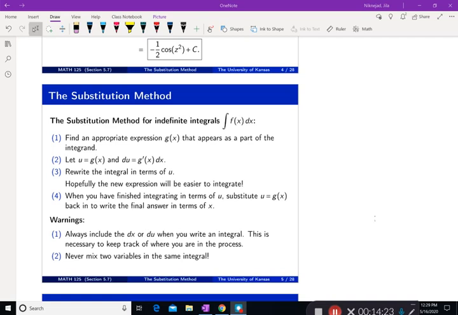This is a way to keep track of where the process stands, and never mix the two variables together.